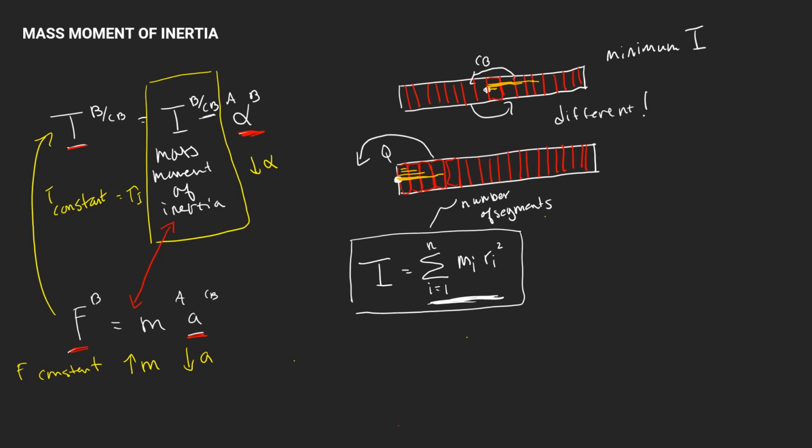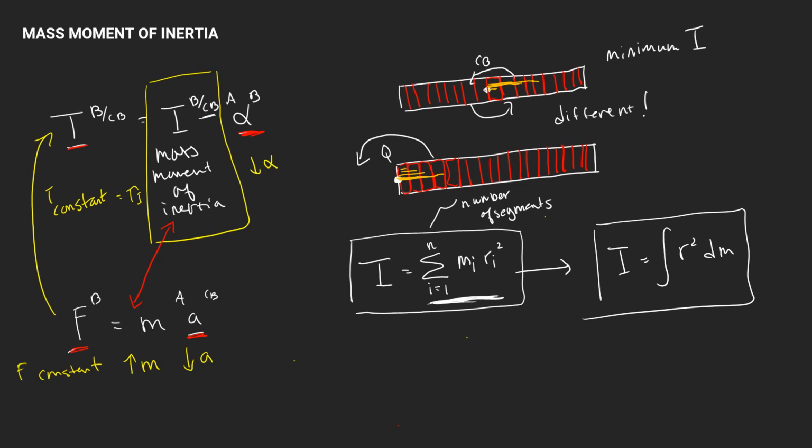We could take this equation in its discretized form, as shown here, and write it in its continuous form using integration. So I is going to equal the integral of r squared times dm. In the next video, I'm going to show you how to actually use this equation to calculate the mass moment of inertia for two different rigid bodies.